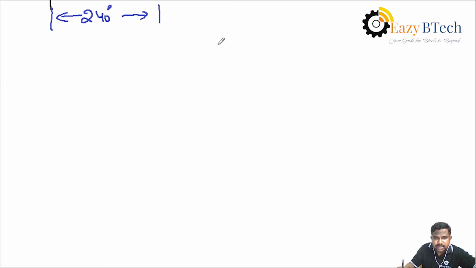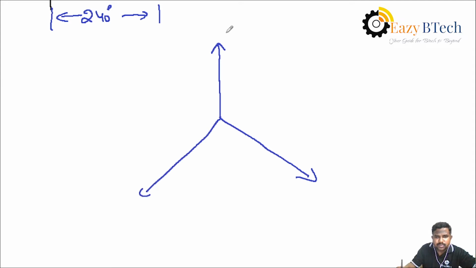All three phases can be displayed in the form of a phasor diagram. Suppose this is R, this is Y, this is B. Between R and Y, the phase angle difference is 120 degrees.